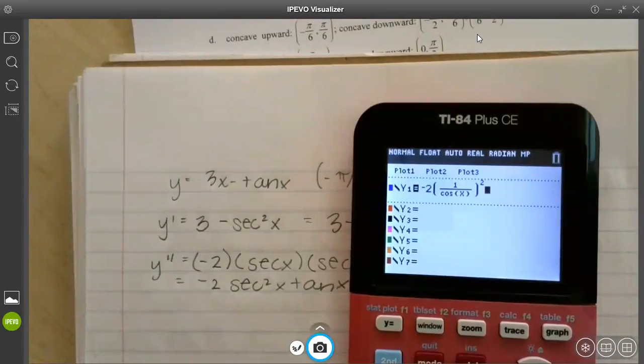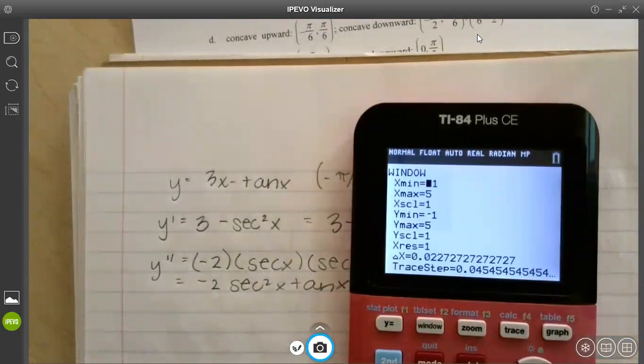And then tan x. What are we looking for? Right, so in the interval negative pi over 2, where, what? Where it crosses what? We're looking for critical values, right? Where it crosses 0. Is everybody good?